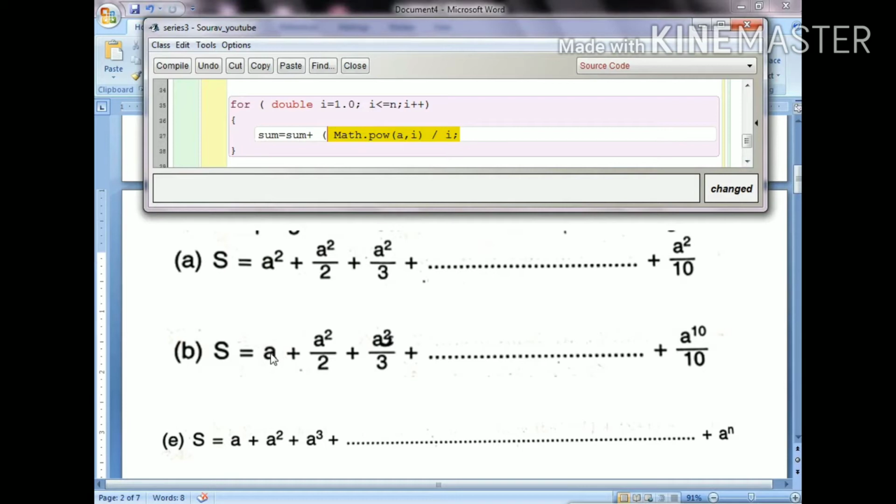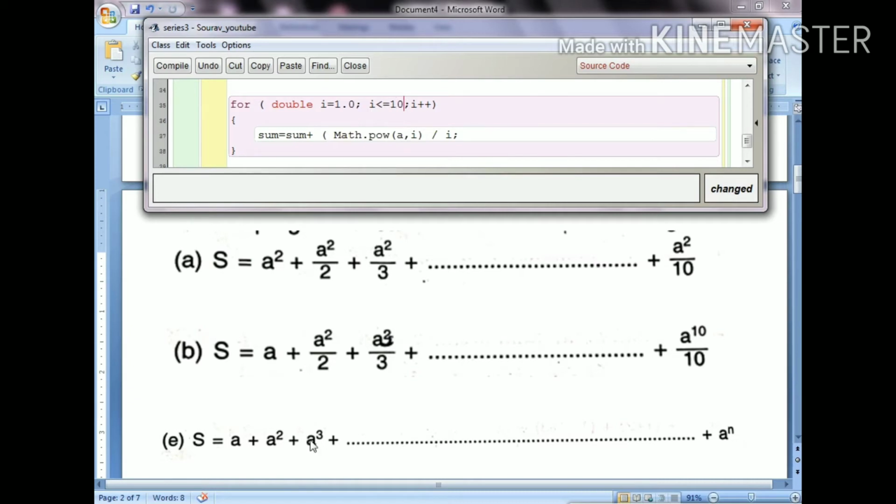Now when I is 2, a power 2 means a power I by 2. Now a power I by 3, a power 3 by 3, a power 5 by 5. But in that case you need to write that equals 10. That is question number B.